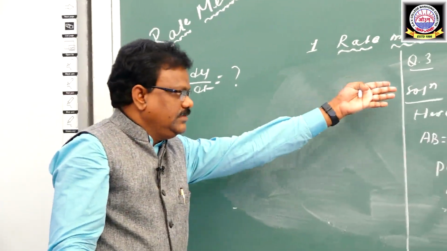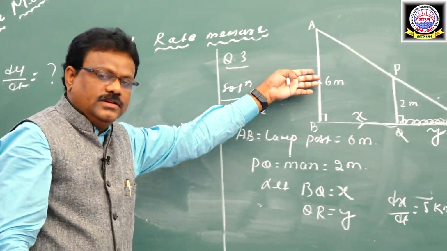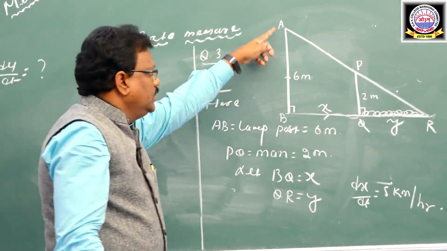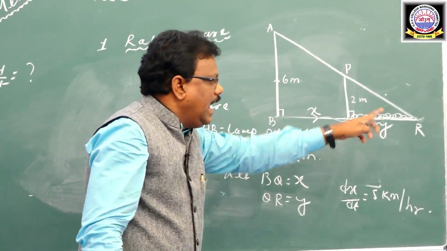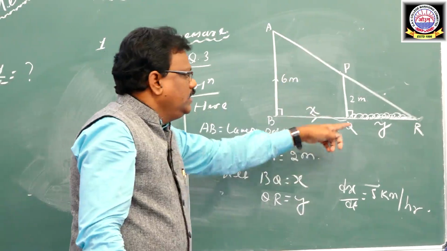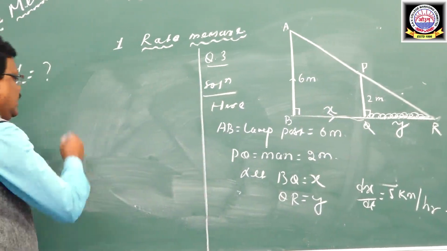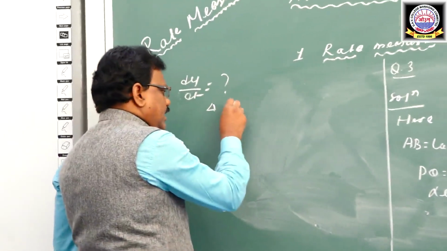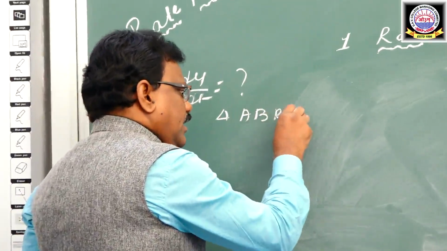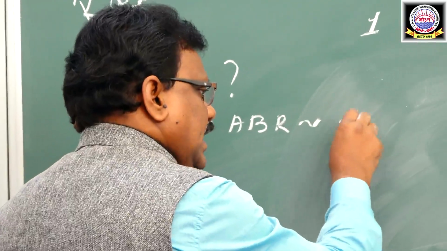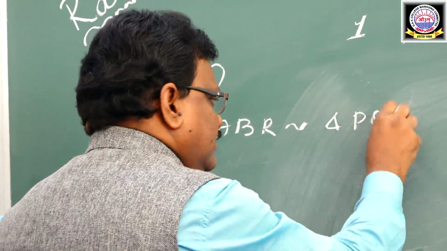This is a very nice figure that you have read in class 10. Here the triangles ABR and PQR are similar triangles. So I can write triangle ABR is similar to triangle PQR.